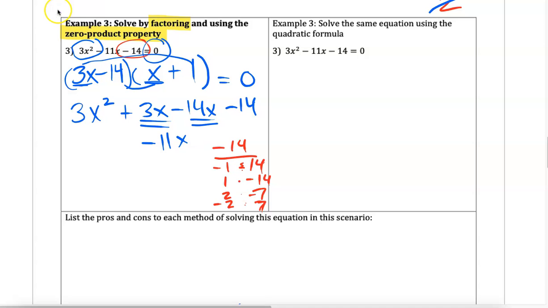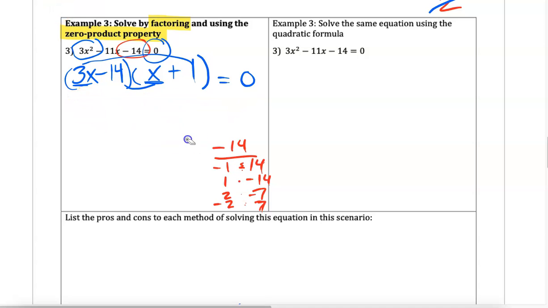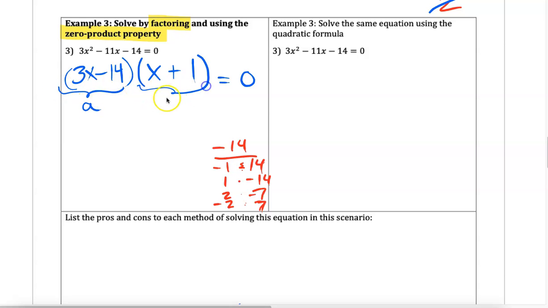That tells me that if I multiply 3x minus 14 together with x plus 1, I will get 3x squared minus 11x minus 14. So then I know that this is my A and that is my B, because that times that will equal 0. Because all along this expression equaled 0, I figured out what multiplies together to equal this expression.